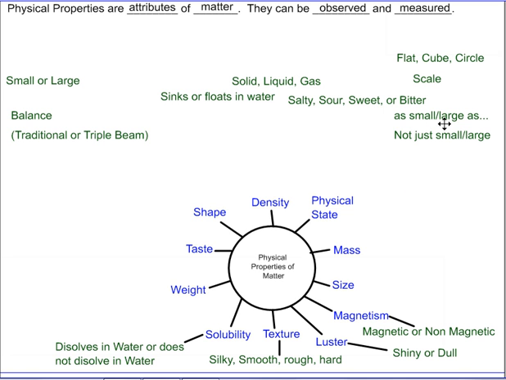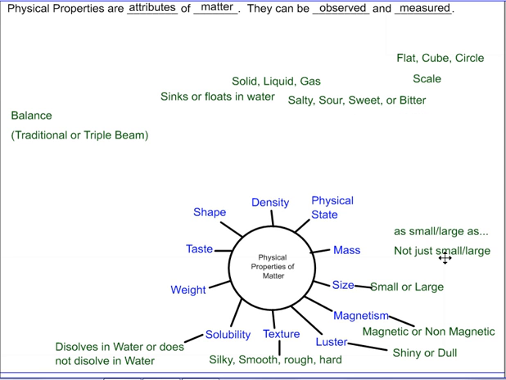All right, size. Small or large. Now, remember when we talk about size, Miss Span and I do not just want you to say small or large. We want you to say as small as and then think of an item, or as large as. For example, a car could be as large as an elephant.